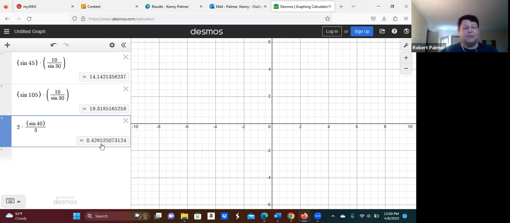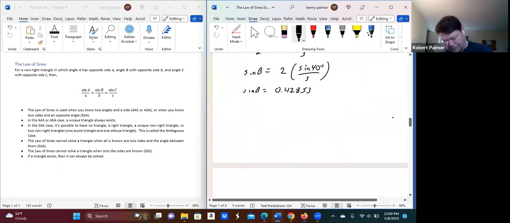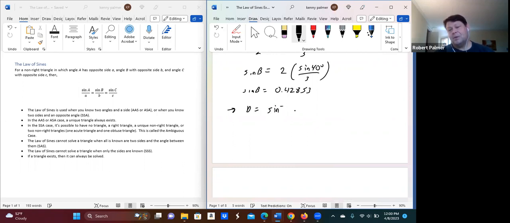So 0.42853. Now, let's do the inverse sine of that. If you take the inverse sine of both sides, you have B equal to the inverse sine of 0.42853. Okay. Let's find out what that value is.